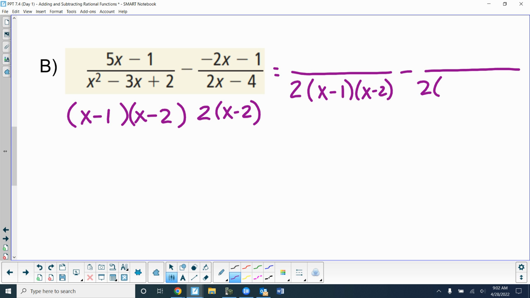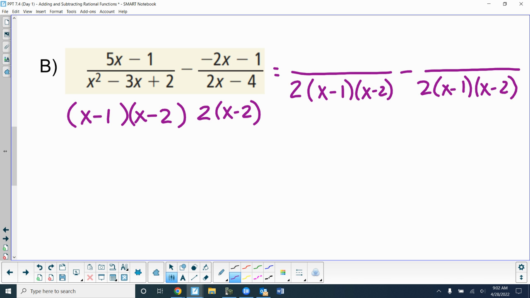Are there any exponents I've got to worry about? No. If there were, which one would I use? Bigger.